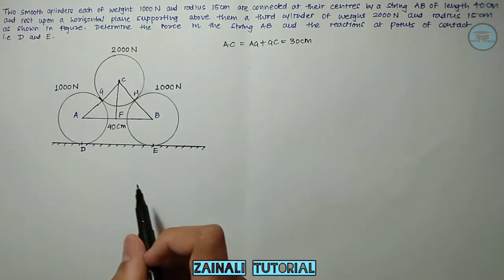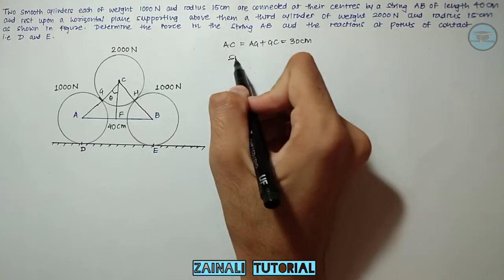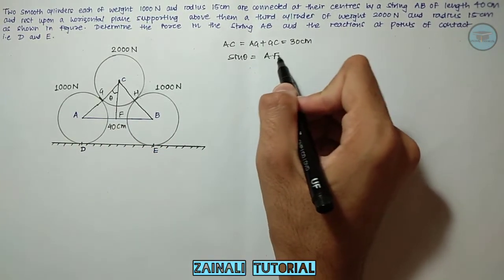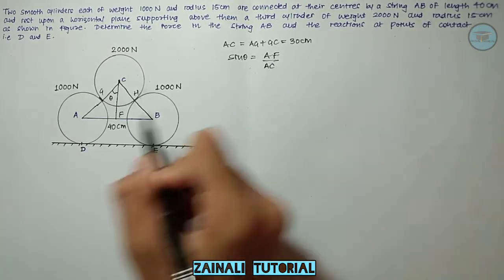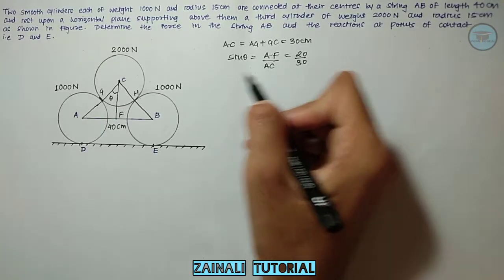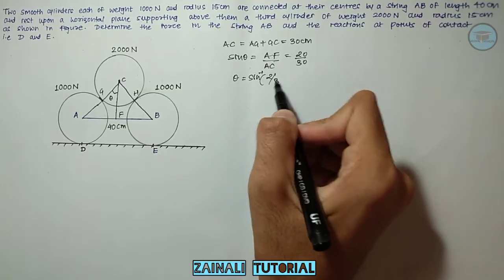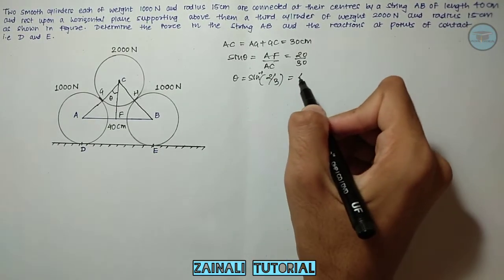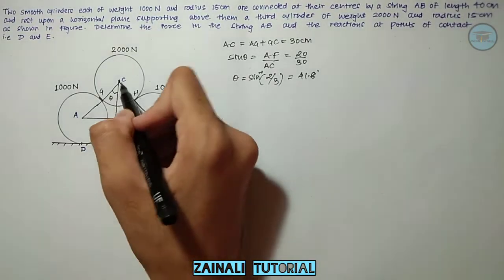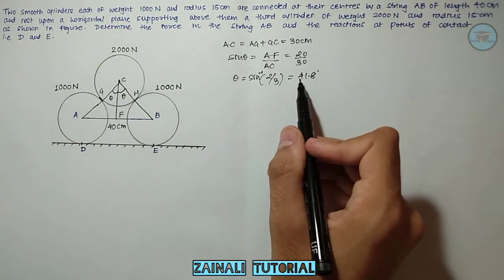Let this angle be theta. So sine of theta equals AF divided by AC, and AF is nothing but 20 centimeter. So 20 divided by 30. From this we can determine theta equals sine inverse of 2 by 3, that is 41.8 degree. Similarly this will also be theta only, with a value of 41.8 degree.